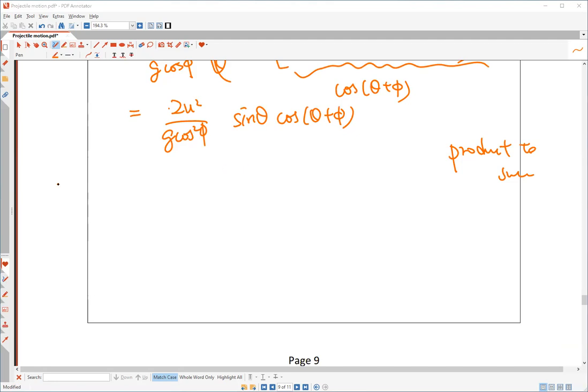So there's one formula of the product to sum: sine alpha times cosine beta is half of sine alpha plus beta minus sine beta minus alpha.